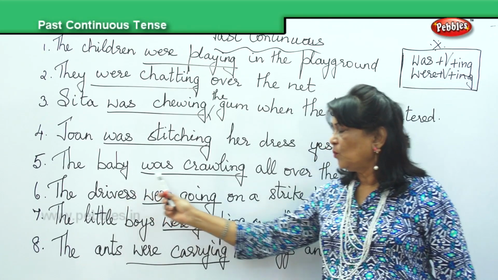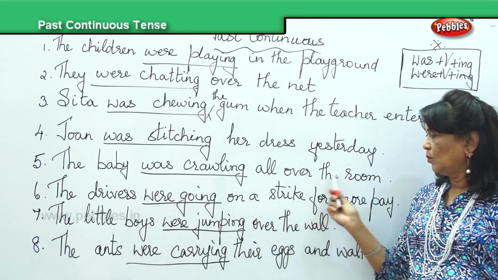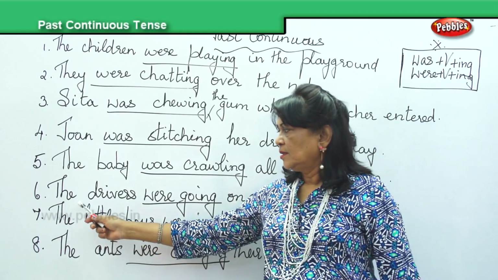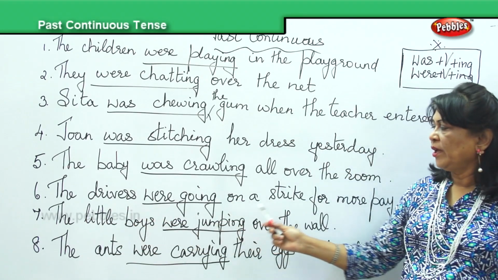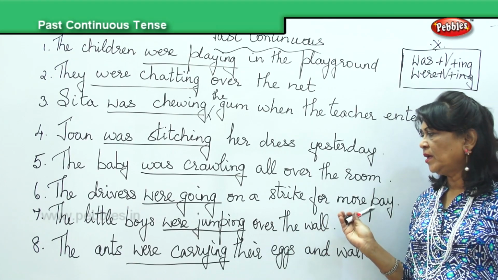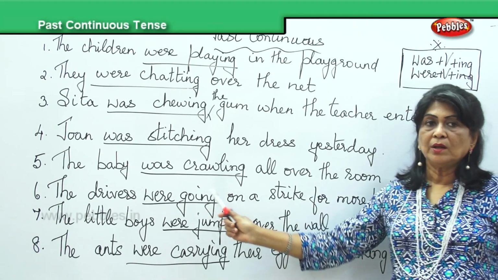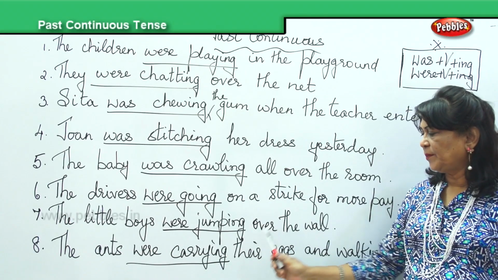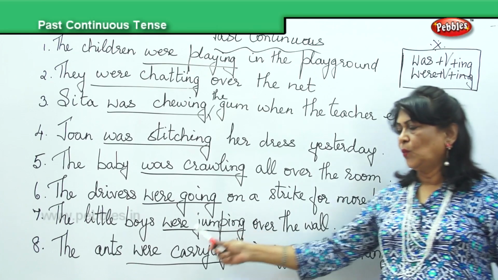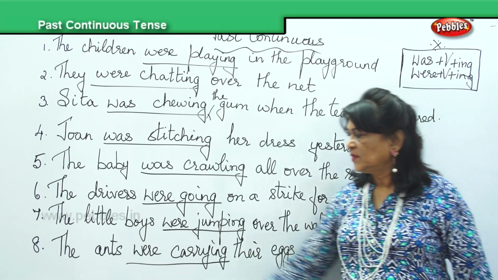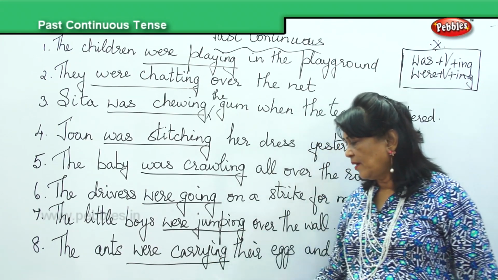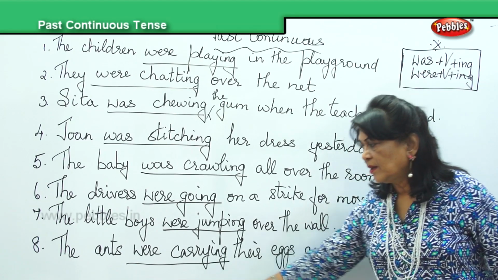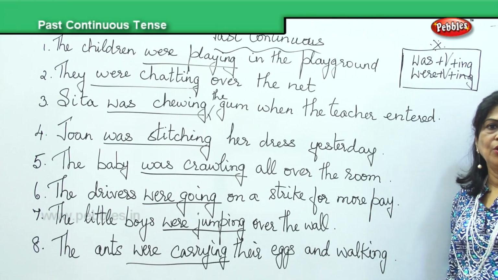The baby was crawling all over the room, was crawling. The drivers were going on a strike for more money or more pay, were going. The little boys were jumping over the wall, were jumping. The ants were carrying their eggs and walking, were carrying and were walking.